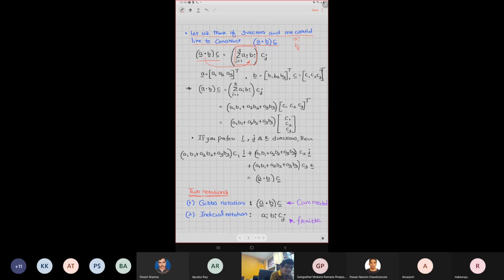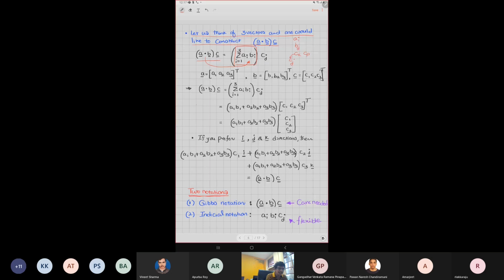And C might be the C vector, or C might be Ck, or it can be Cp also. This index is just notation. Ck means C1, C2, C3. Cp means C1, C2, C3, just to indicate that we are showing. So anyway, I can even use C as Cj.